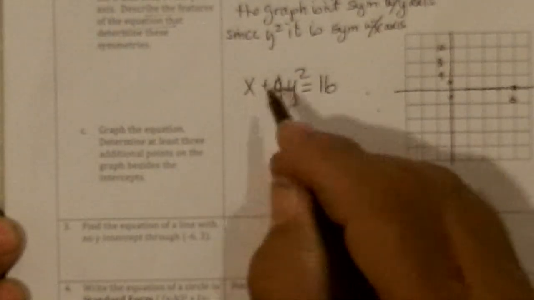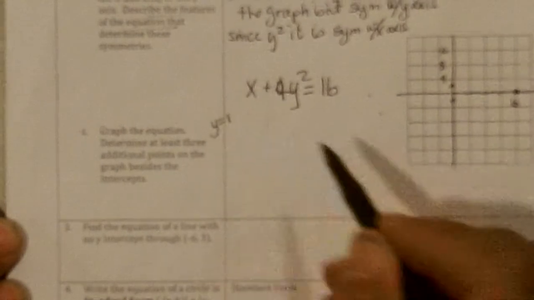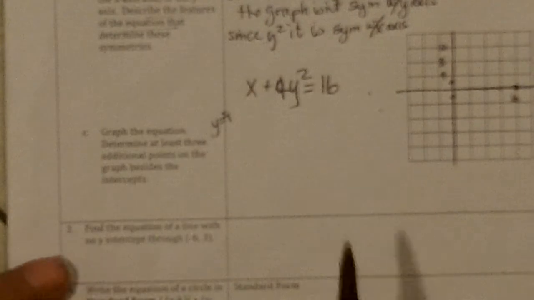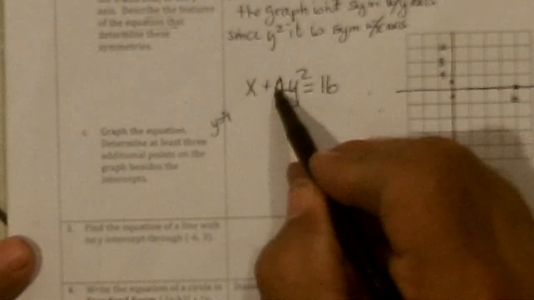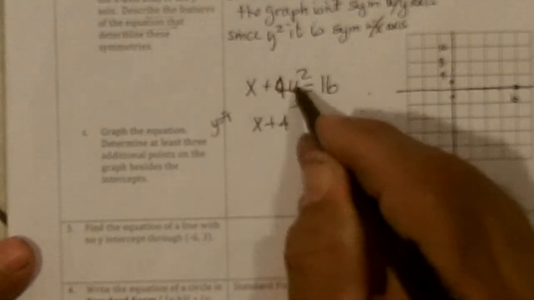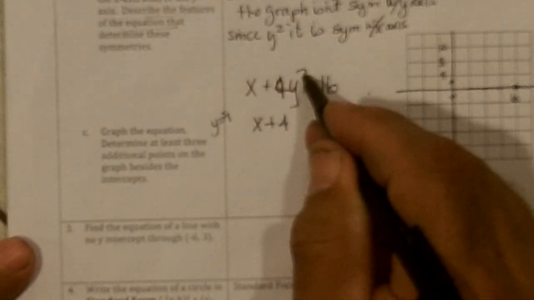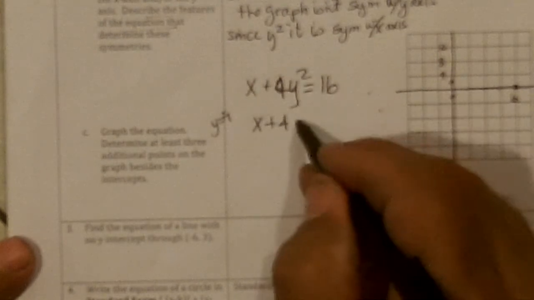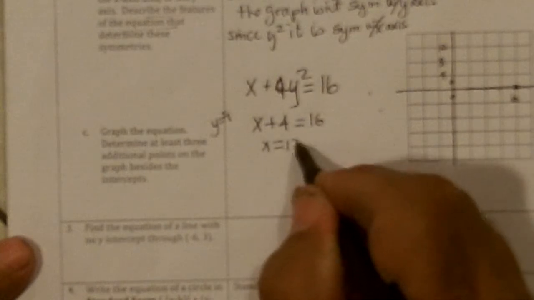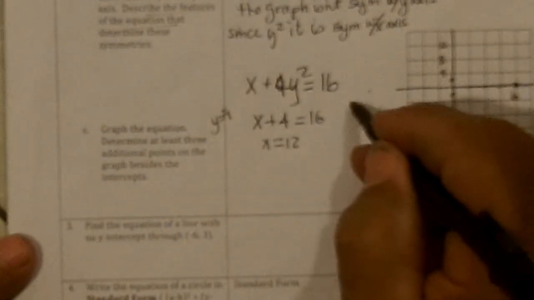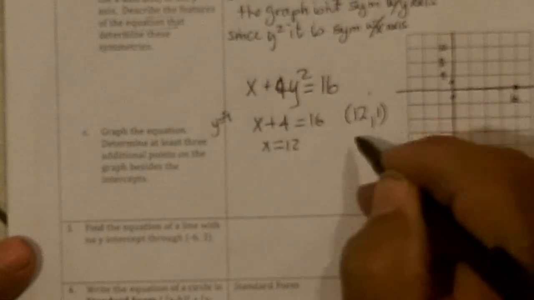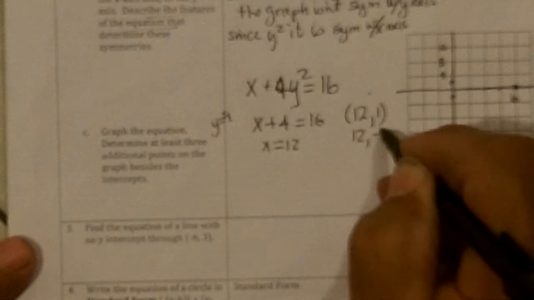If y equals 1 or minus 1, it's not going to care because it's squared. I get x plus 4 times 1 squared, which is 1, equals 16, and then I can subtract the 4 and I get x equals 12. That means 2 points are (12, 1) and (12, negative 1).